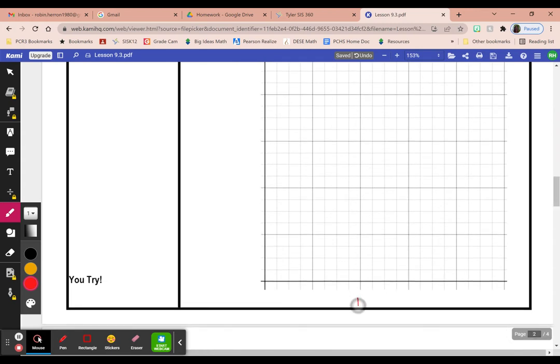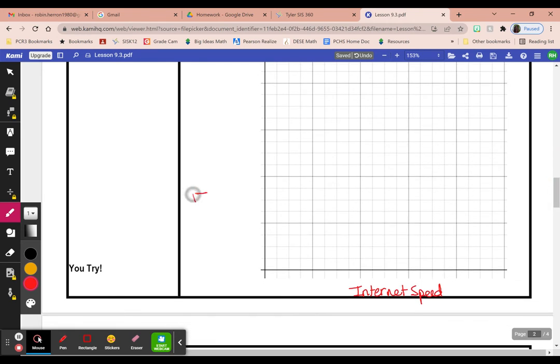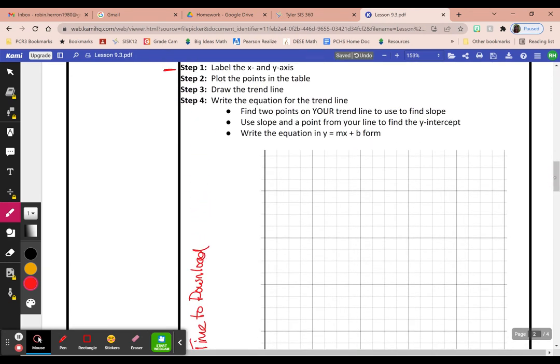So I'm going to come down here and put internet speed, okay? And then if you look up here again, Y is the time to download. Okay? And then number 2 says plot the points in the table, okay?